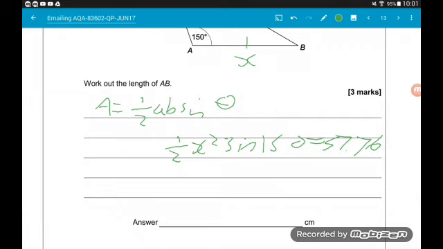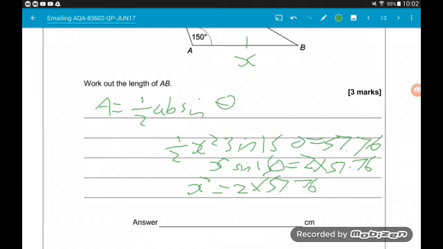So we then need to solve this for x. If we multiply by 2, we get x squared sine 150 is 2 times 57.76, whatever that is. Then divide by sine 150, and we get x squared is equal to 2 times 57.76 all over sine 150.